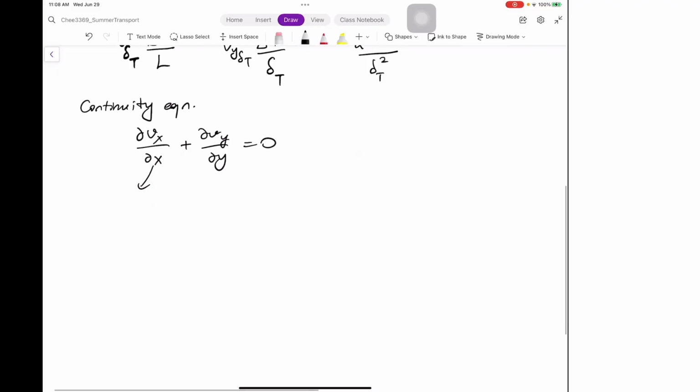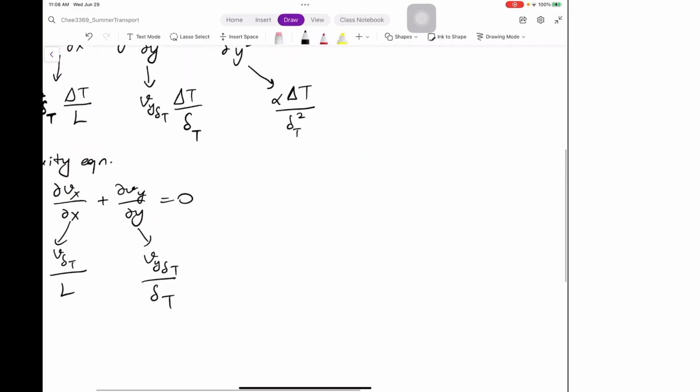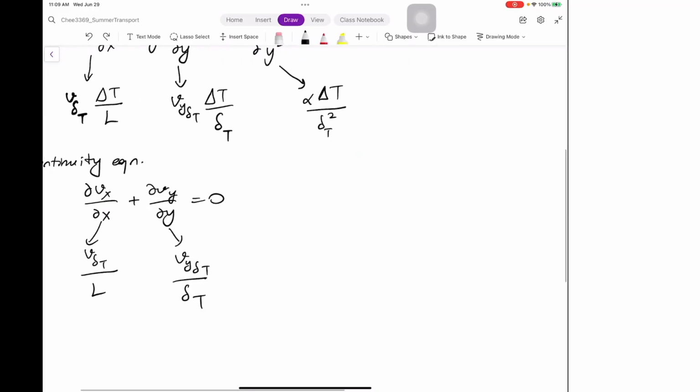This is in the order of Vx delta T divided by L, and this is in the order of Vy delta T over delta T. So instead of Vy delta T over delta T, you can write it V delta T over L, right?